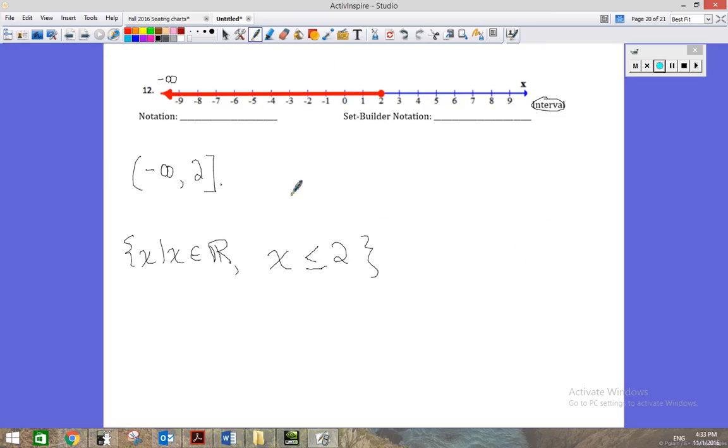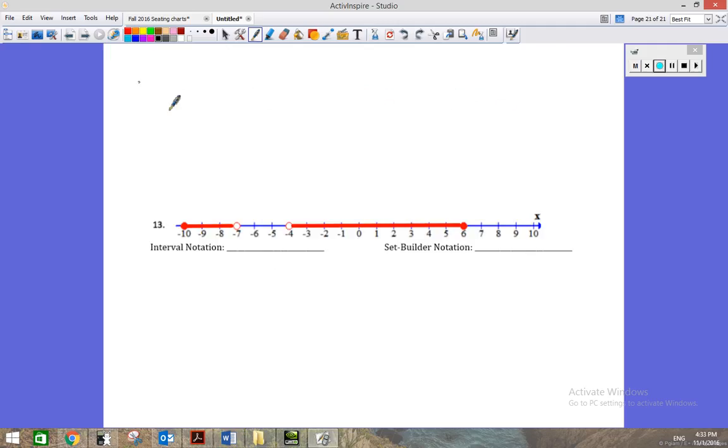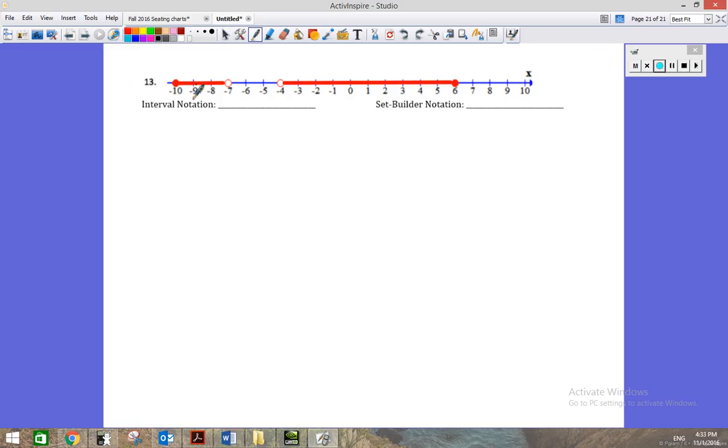So 2 different notations that describe the same set of numbers. This is referred to as interval notation. This is set builder notation. All right. Here in interval notation, I almost thought that was an arrow. Don't go so fast that you don't look to make sure whether it's a solid dot or an arrow.